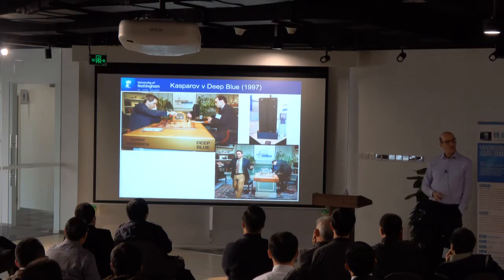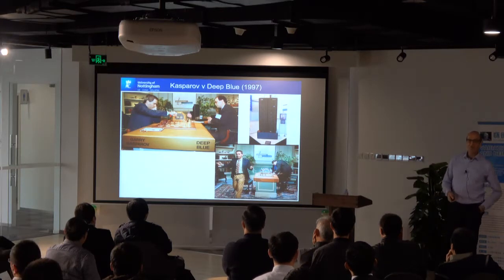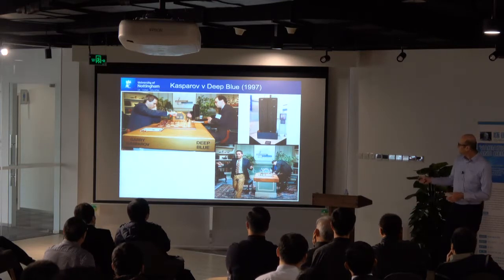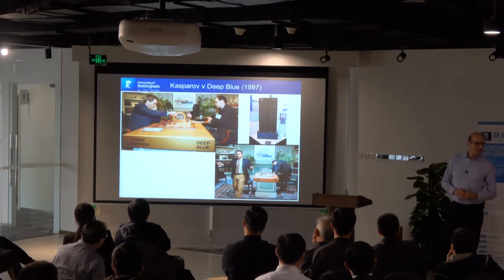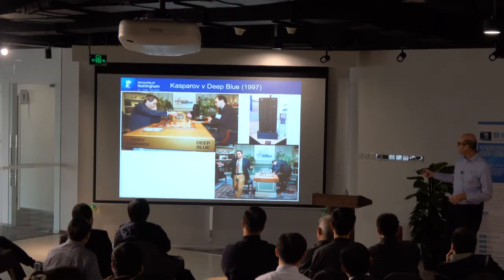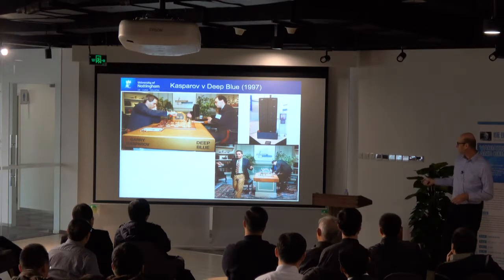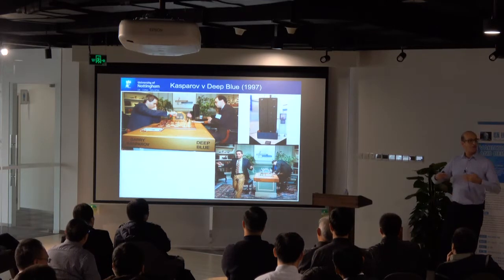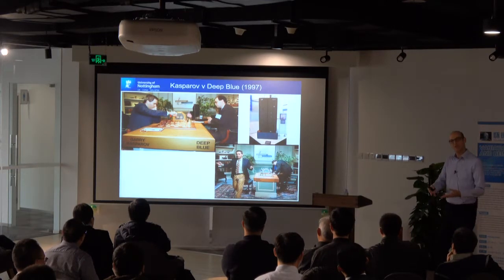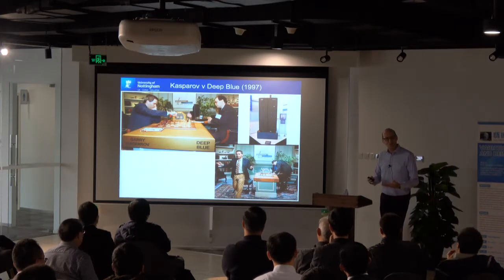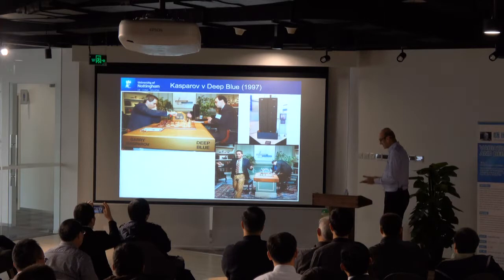If you're building a chess computer, how do you test whether you've got a good one? Ultimately, you end up playing a game of chess against Garry Kasparov. In 1997, the IBM computer Deep Blue beat Garry Kasparov. So you have a computer system which beats the world champion in chess, so your computer system is the best there is.